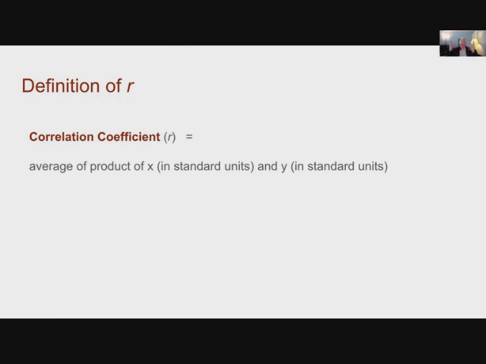Take all of our data, the X times the Y, do that for all of our data, and then take the average of that, and that gives us our correlation coefficient. It is a measure of how clustered our scatter is around a straight line.